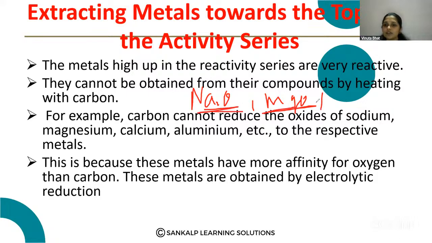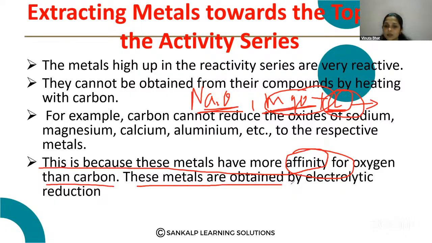If you use carbon to reduce these, carbon is not able to reduce these highly reactive metals. This is because these metals have more affinity, means they have more attraction for oxygen than carbon.